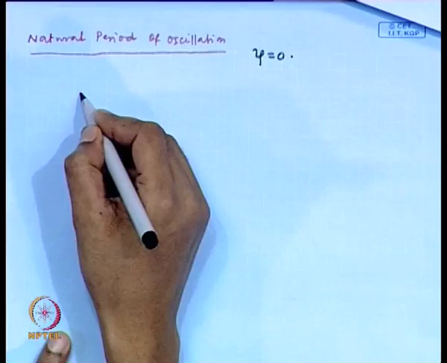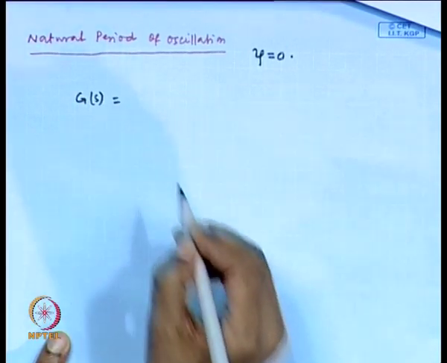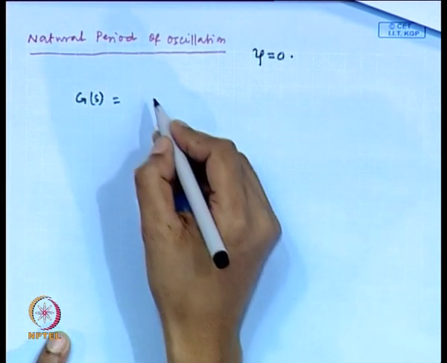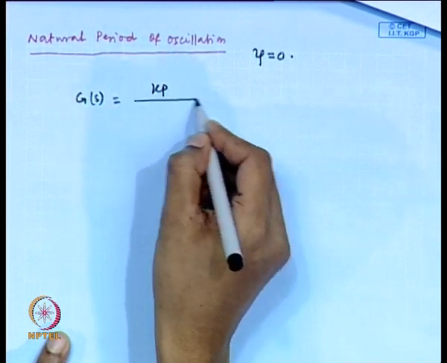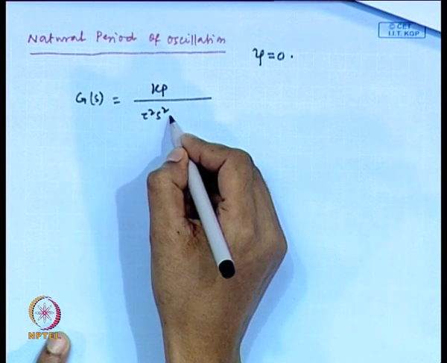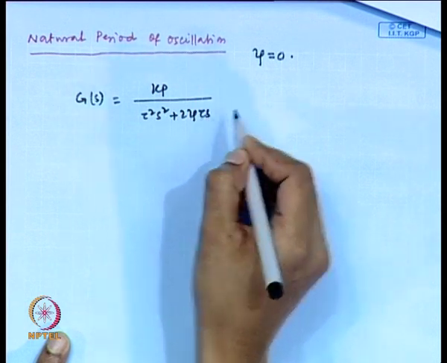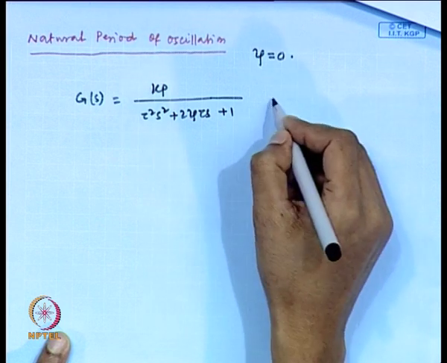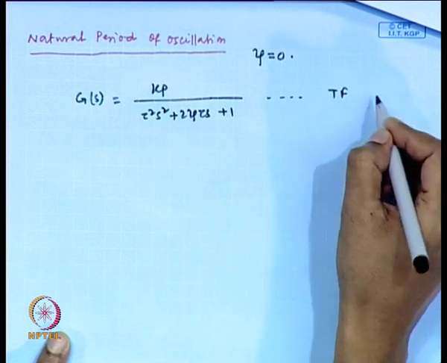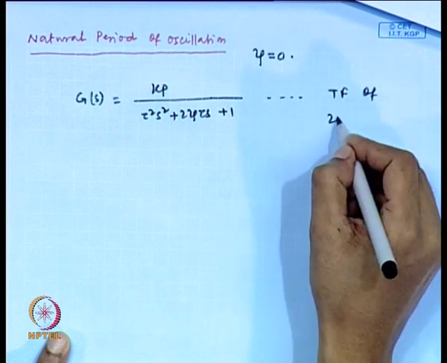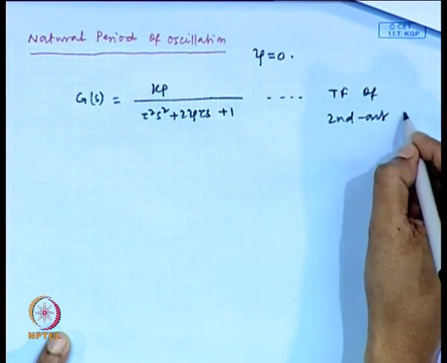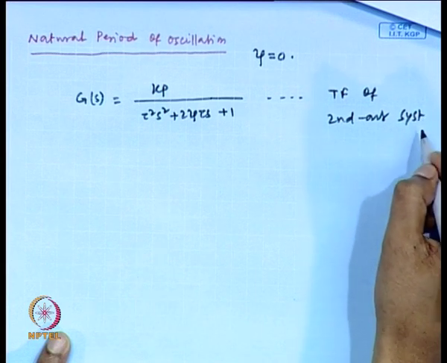Now, we know the transfer function of a second order system, that is k p divided by tau square s square plus 2 zeta tau s plus 1. This is the transfer function of second order systems.